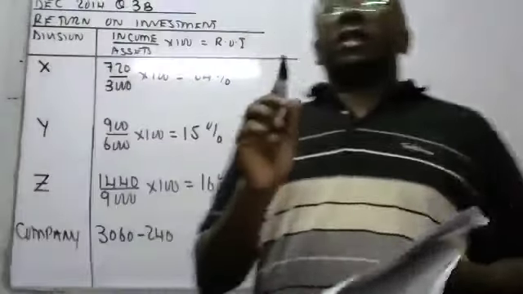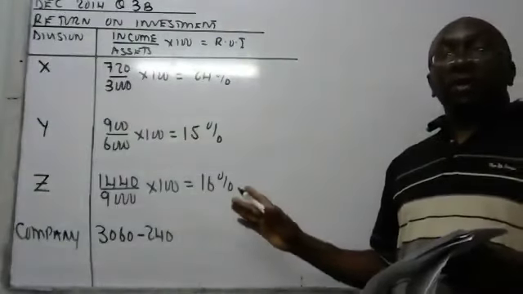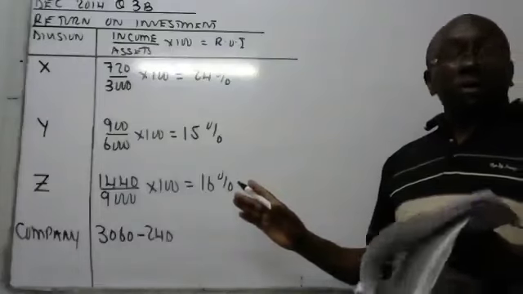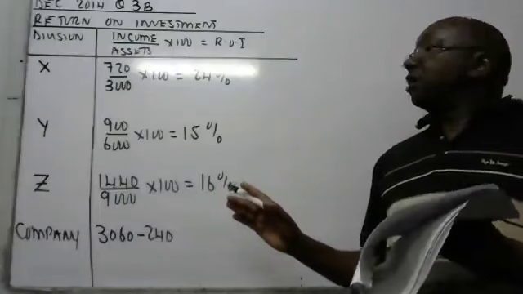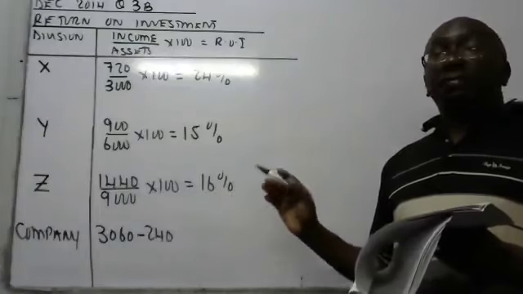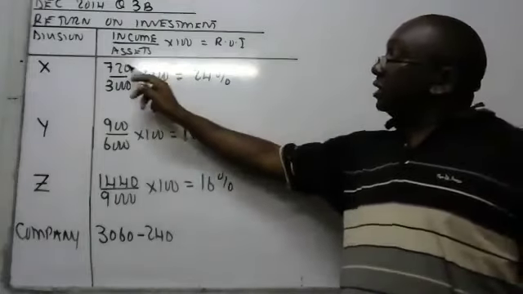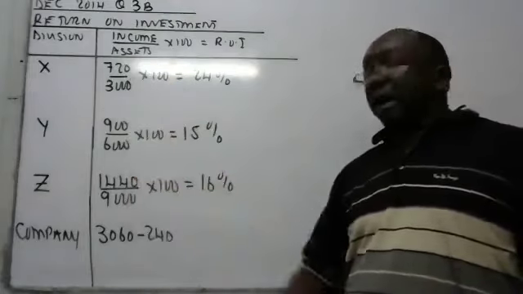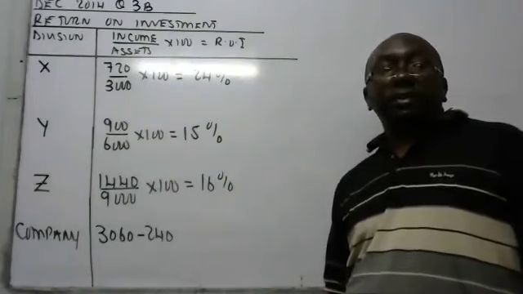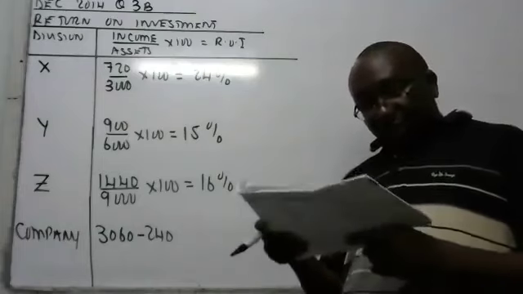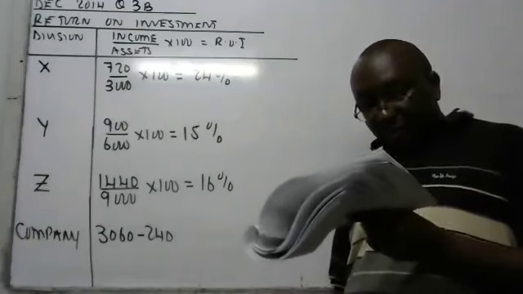Reason being, the other time I told you interest should be added back. These figures that we have used, 720 and 900, had not subtracted interest. They are not after interest, they are before interest. So that's why we shall not include that.